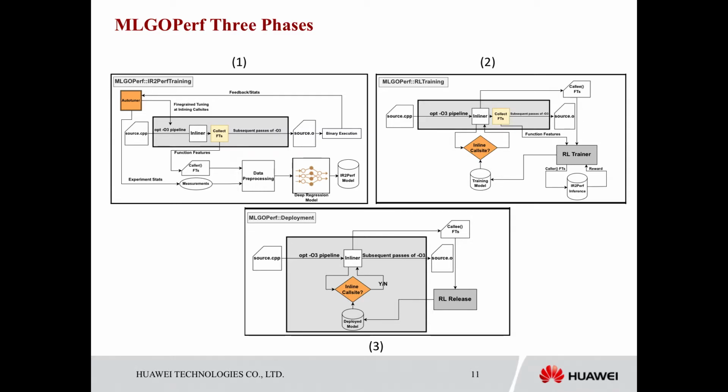In the second phase, we use IR2Perf for inference, so we no longer train that. It will provide us the rewards, and this methodology is somewhat closer to the actual methodology of MLGO, for which at each of these call sites you're going to have to collect the features for RL, which are different than the features that we collected here for IR2Perf.